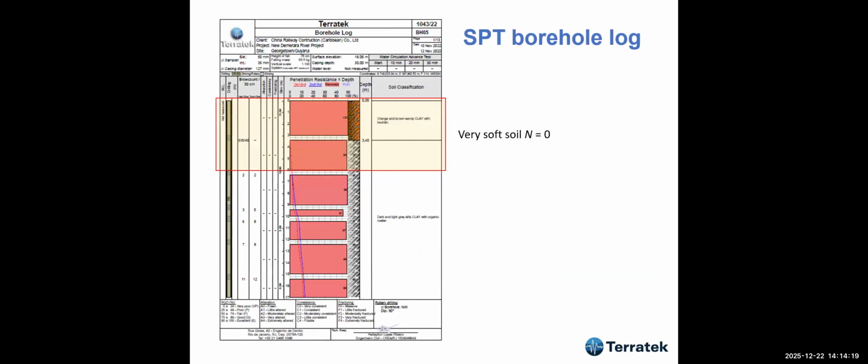It's very much disturbed. And then these are typical SPT borehole logs we have carried out. This is a project in Guyana with very soft soil at the top, and after 10, 12 meters, the SPT N index starts to grow, and it goes up to 50 at a great depth.